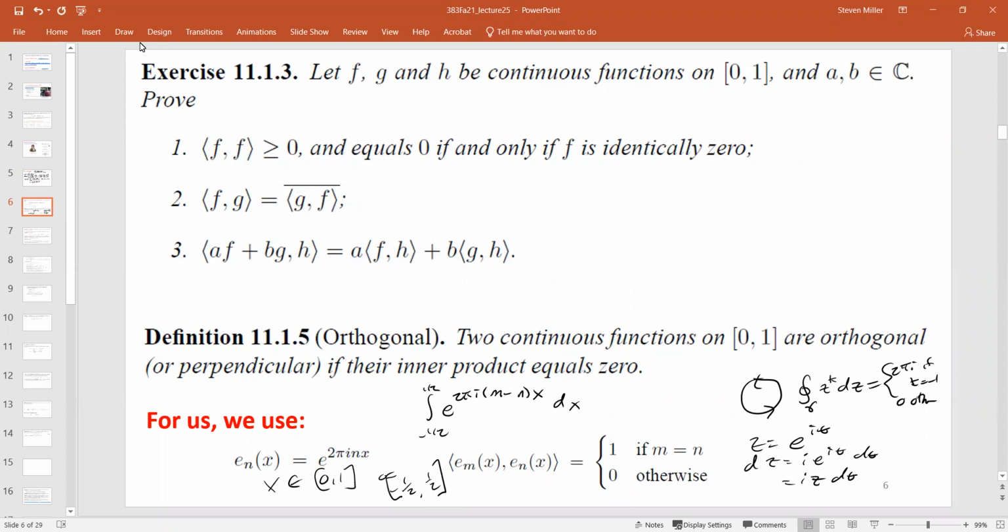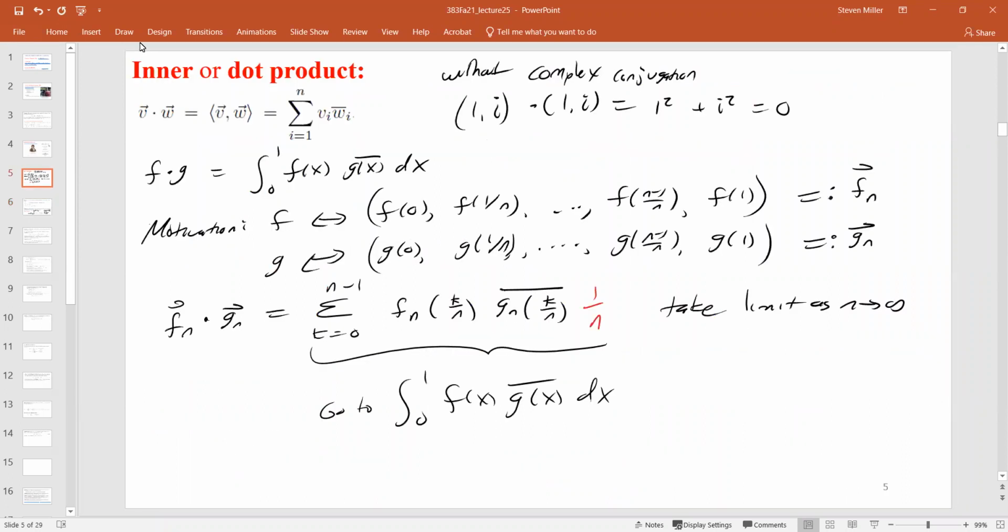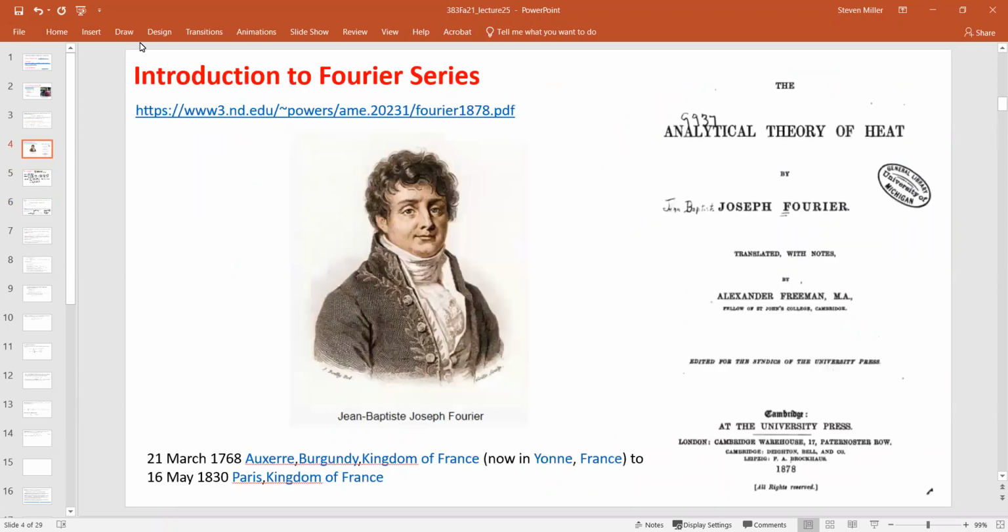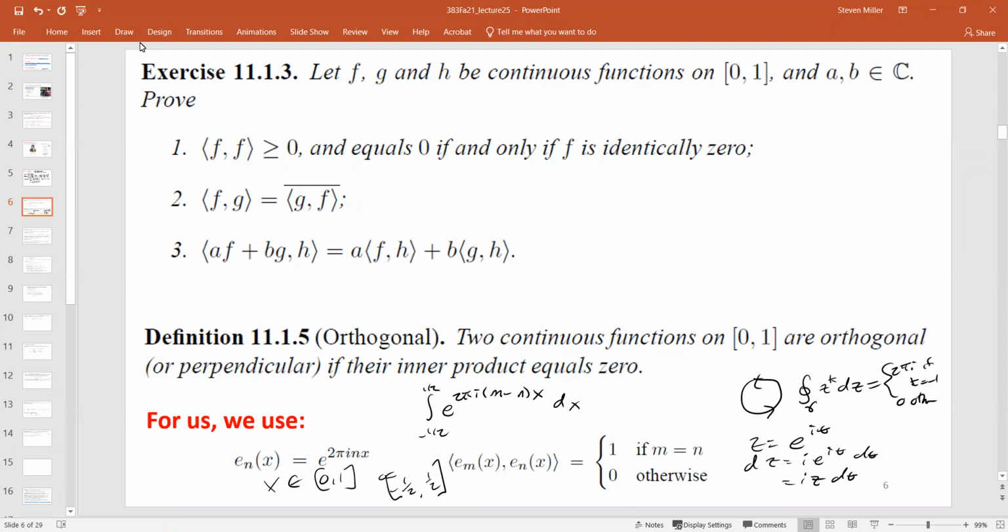Because if z is e to the i theta, dz is i e to the i theta d theta. And so instead of using theta, I'm using x, it doesn't really matter. So d theta is dz over z. So when I'm trying to convert this, if m equals n, this is going to look like just dz over z.